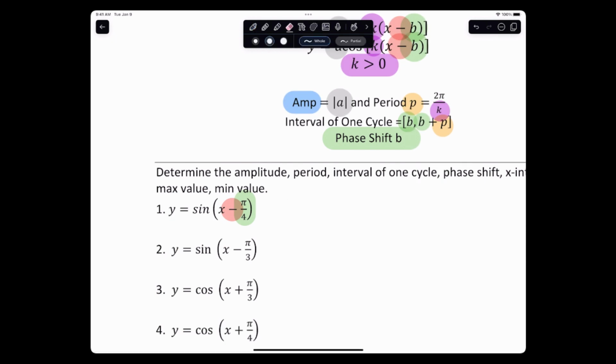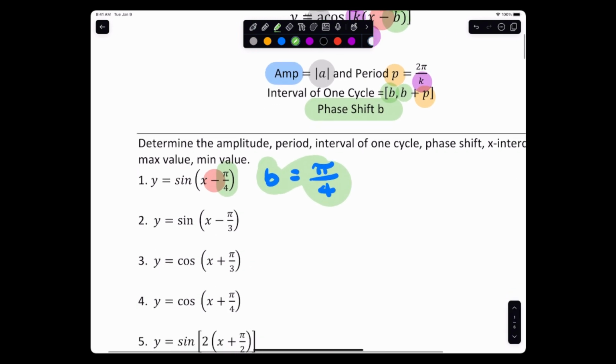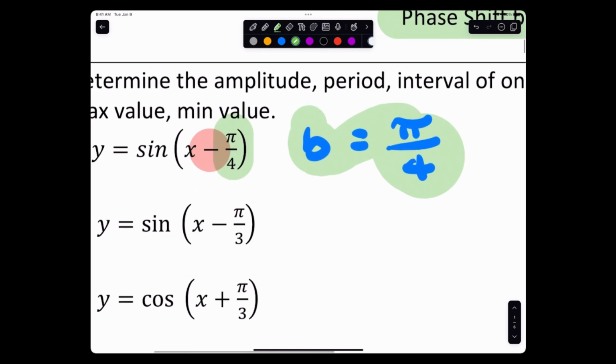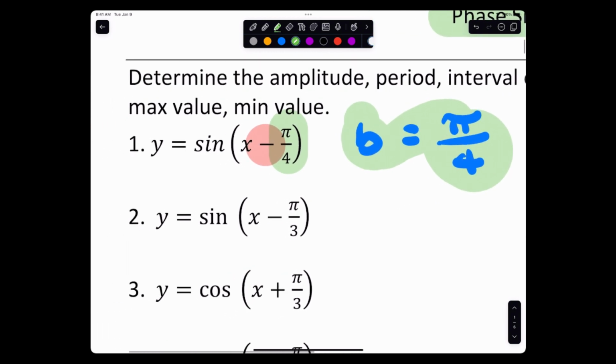I got to scroll out, I guess, to write that. So this here is what you guys want to see. Your phase shift is going to be after the minus sign for question 1. I'm not going to do question 2 here, but I want to illustrate something.